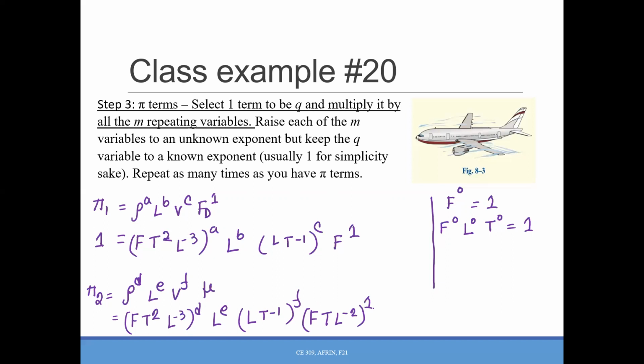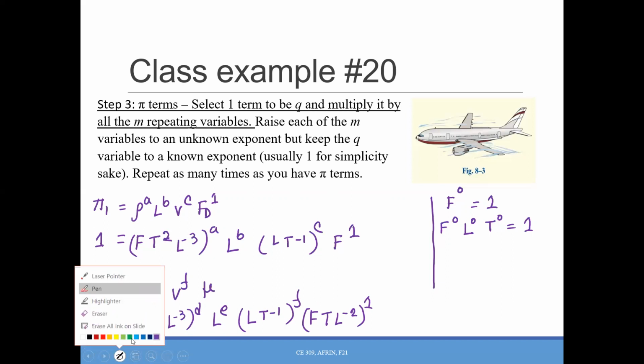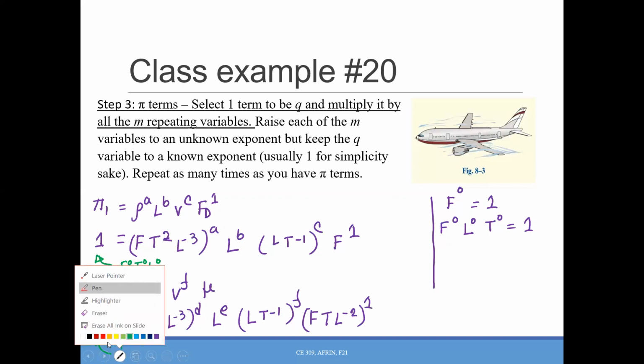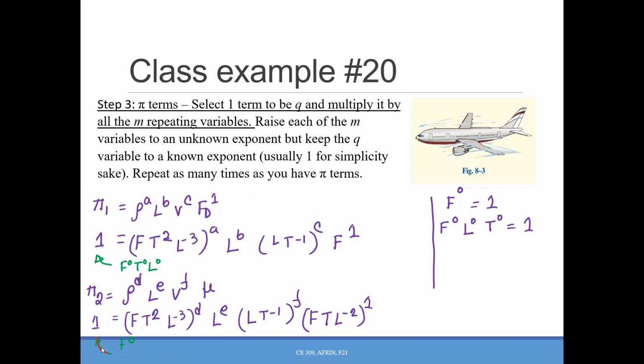Okay, and this one is 1, you can say F^0 T^0 L^0. I should use a different color. Maybe this one, and say F^0 L^0 T^0. Okay, so that is step 3.